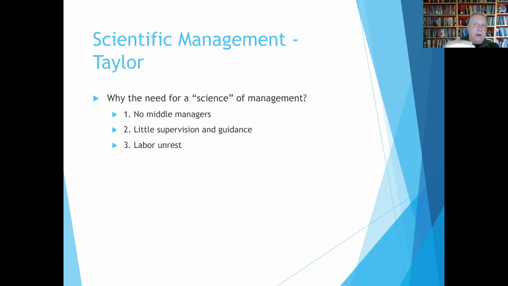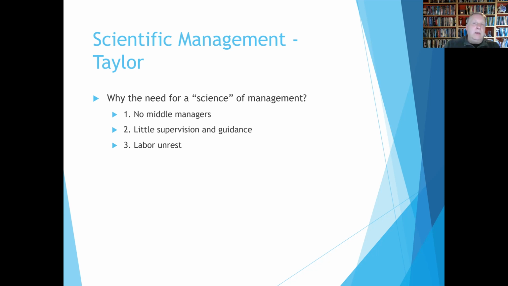Because there's a lack of middle managers, we had little supervision and guidance being given to people at the lower levels of the organization in terms of how to specifically do their job on a daily basis. We had a lot of labor unrest. At that time, and just before that, you had books like The Jungle by Upton Sinclair.